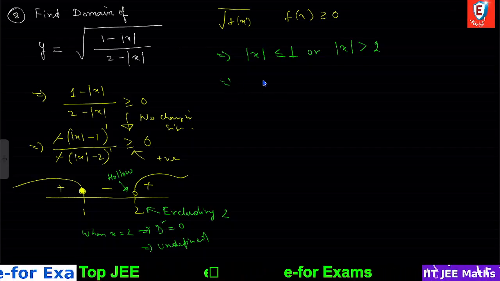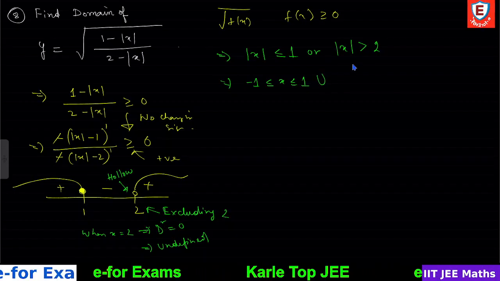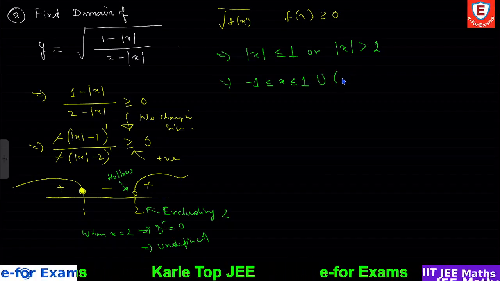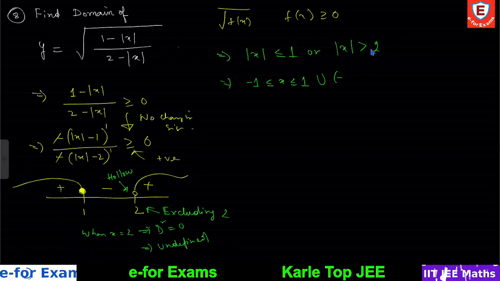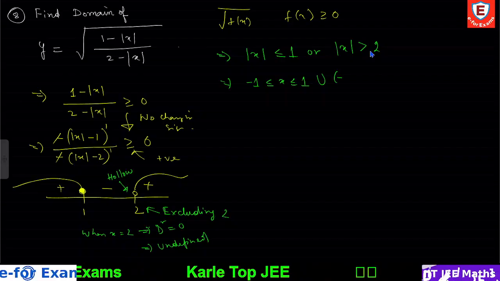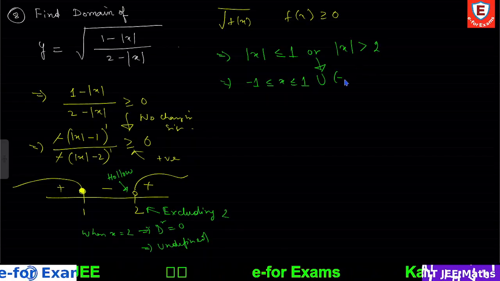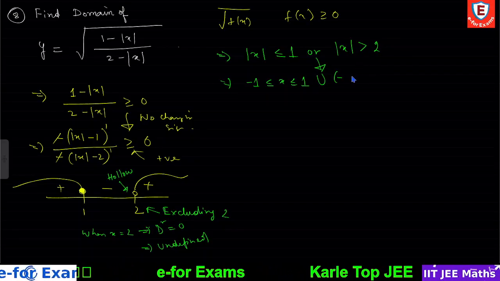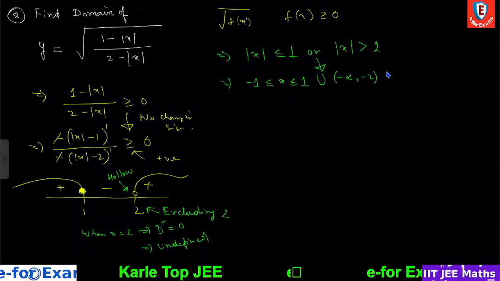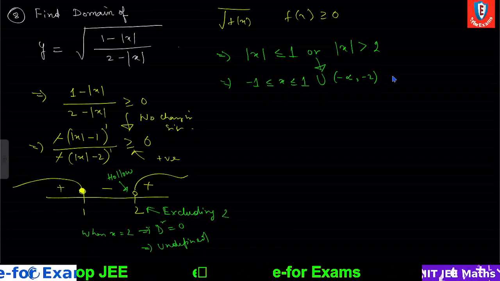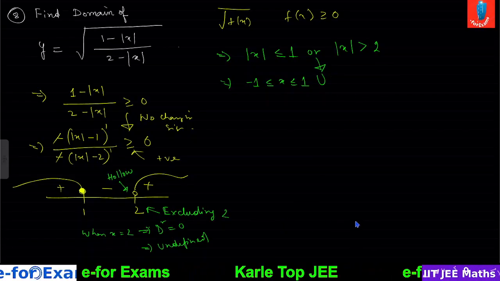Okay, this implies minus 1 less than or equal to x less than or equal to 1, union here mod x is greater than 2, right? Or means union. We will represent or with union. Here mod x greater than 2 means minus infinity to minus 2. Wait, I will show it. I will not jump. I will show how it comes.